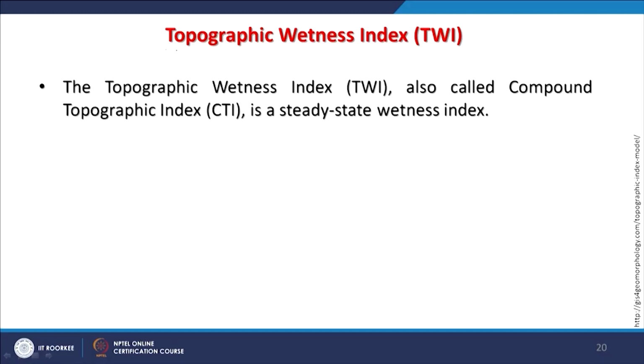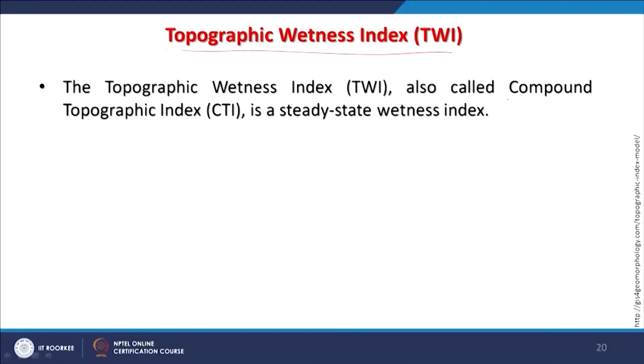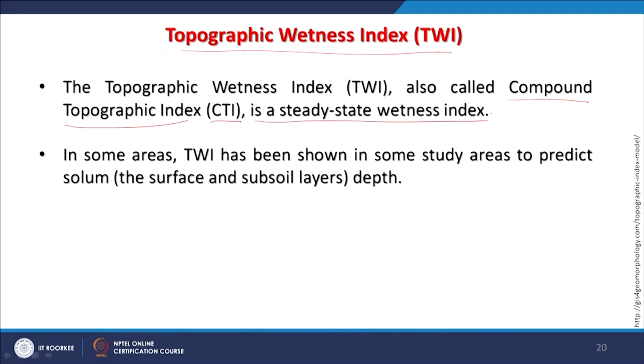Now, another derivative which is again important is the topographic wetness index, TWI. Again it is an output of surface hydrologic modeling using a digital elevation model. It is also called the compound topographic index, CTI, and is a steady state wetness index. And in some studied areas this TWI has been shown to predict solum, the surface and subsoil layers depth.